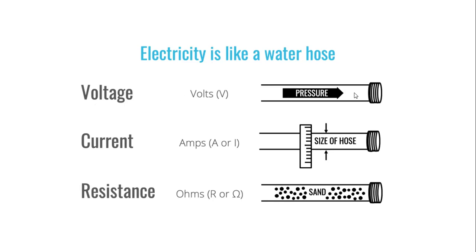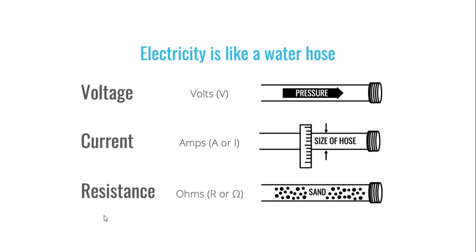As you experience the pressure in running water through a garden pipe, that is comparable with the voltage in electrical systems. Similarly, the size of the hose affects the flow of current. Likewise, the diameter of your conducting wire, for instance, will affect the flow of current.